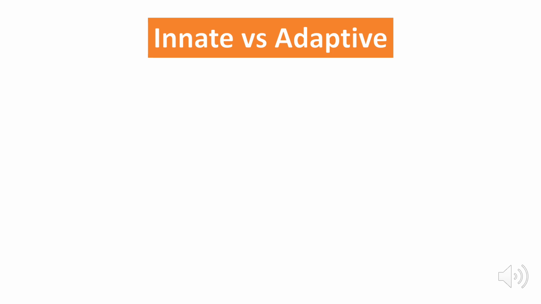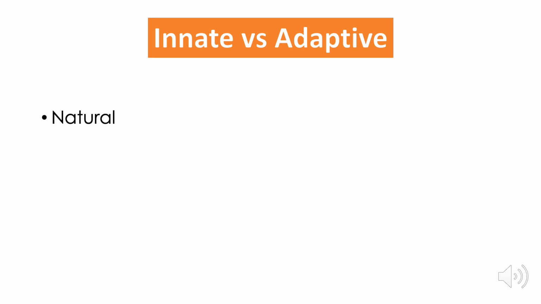So at this point, I want to assess the extent of your understanding of the differences between innate and adaptive immunity. So let's start. Which among them is also referred to as natural immunity? The answer is innate immunity.